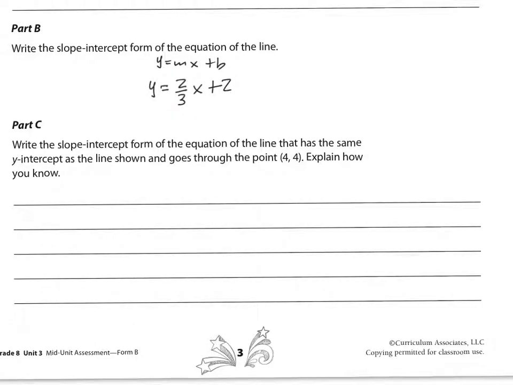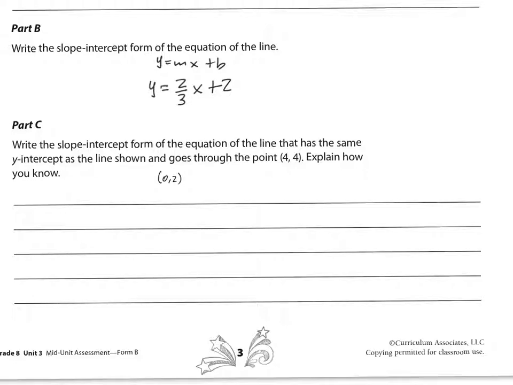For part C, it says write the slope-intercept form of an equation of the line that has the same y-intercept shown and goes through the point 4, 4. Okay? Now, if it has the same y-intercept, we're going to write the point 0, 2.